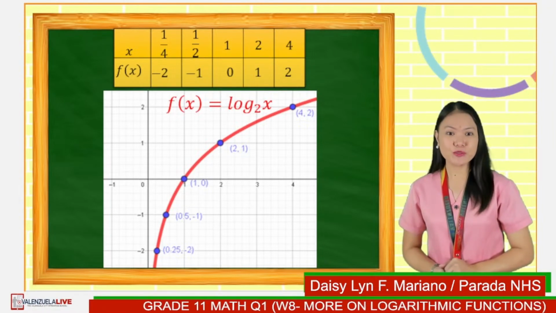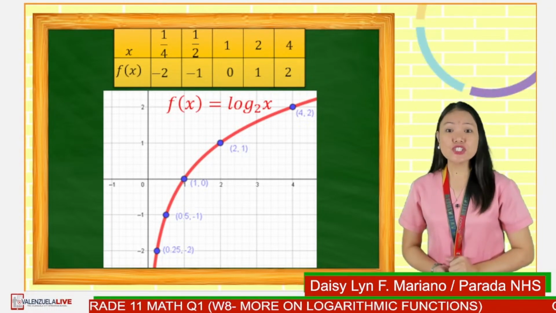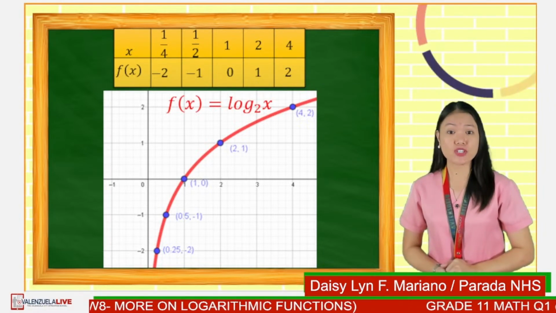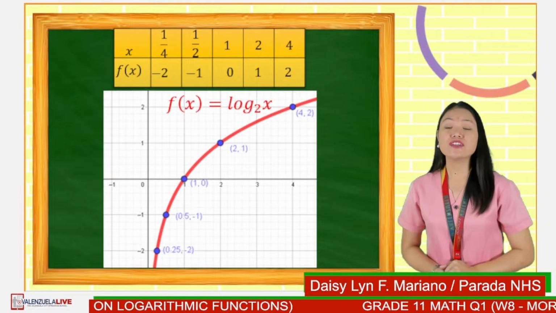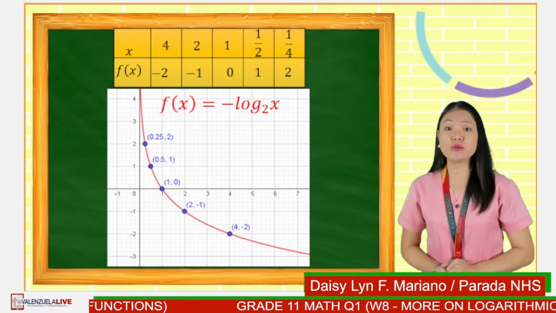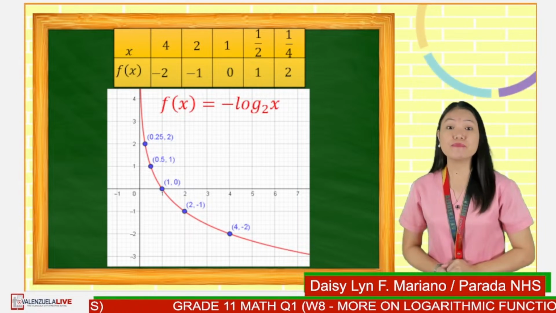I hope so. Here are additional examples of logarithmic functions represented as equation, table of values, and graph. First, we have f of x is equal to negative logarithm of x with base 2.